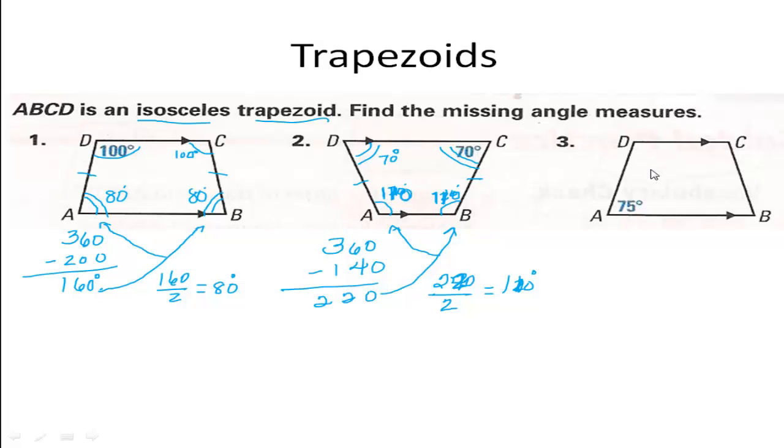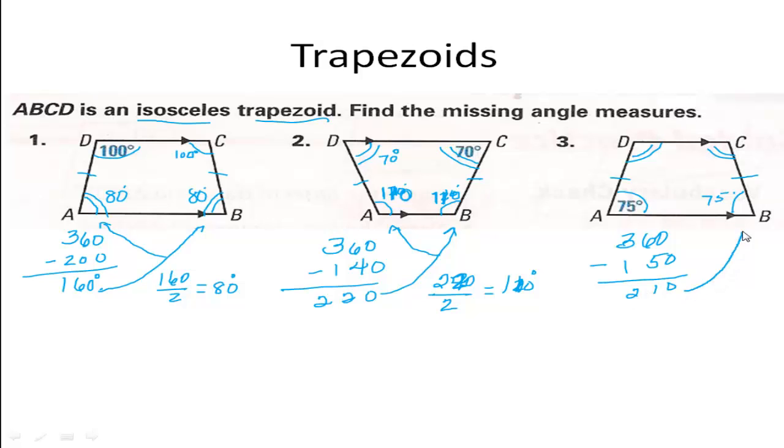Okay, the next one. Notice my pair of parallel lines. These are the legs. They are congruent. That means my base angles are also congruent. So if this one measures 75, this one measures 75. 75 and 75 is 150. So I can take a total of 360 minus 150, and I get 210.